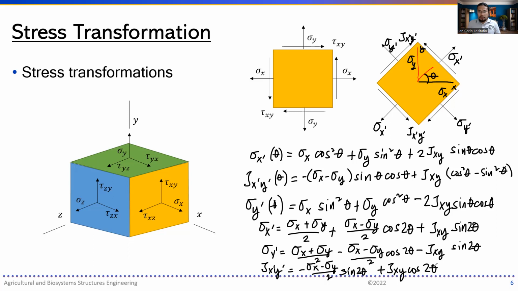We can simplify this further so that we get the maximum value for this one. So yeah, this one. This will get the maximum values, sigma 1 and sigma 2, which are the principal stresses.